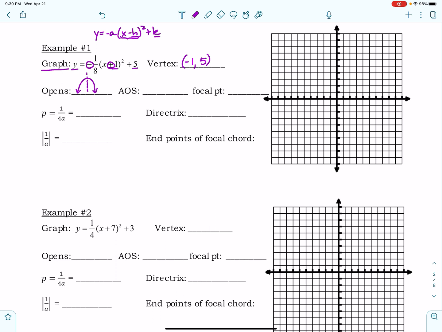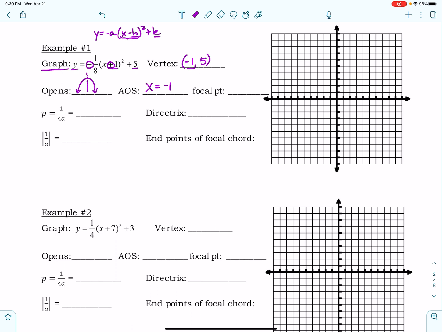All right, so that's where we're going to start. The axis of symmetry for this kind of parabola is always going to be an x equals line, since it is a vertical line, and it will always go through the vertex. So whatever the x value is here, that shows me what the axis of symmetry will be.